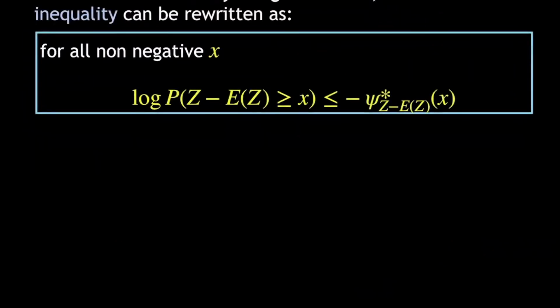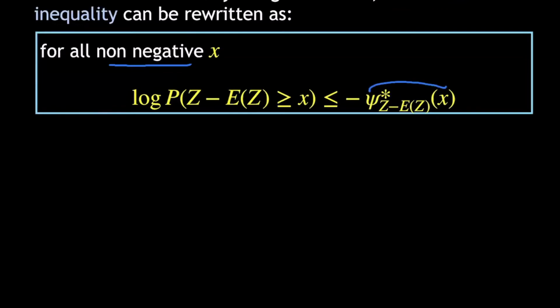And the consequence of this is that you can rewrite simply the Chernoff inequality in the following way. If you look at a non-negative value of x, then the log of the probability that Z minus expectation is larger than x is smaller than minus this dual function in the sense of Legendre.